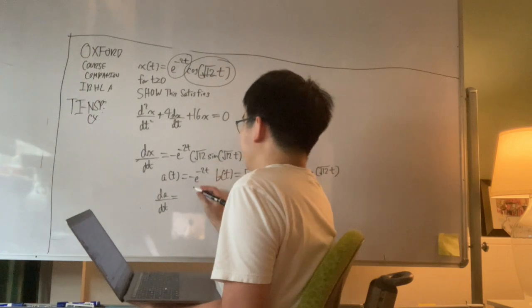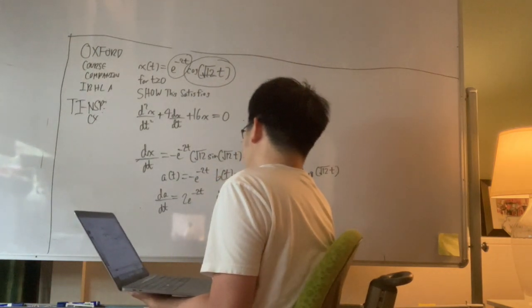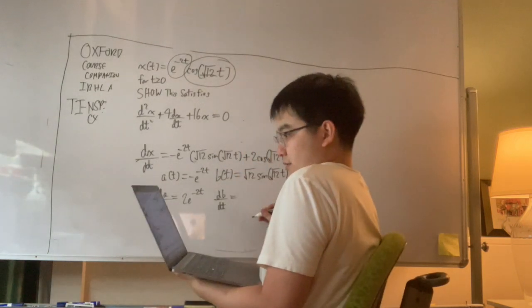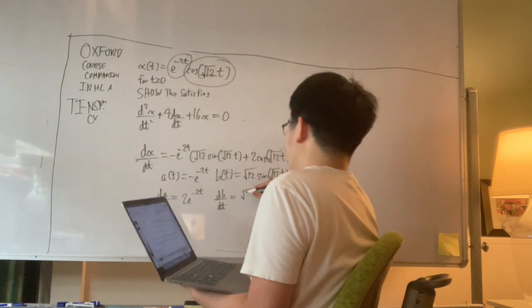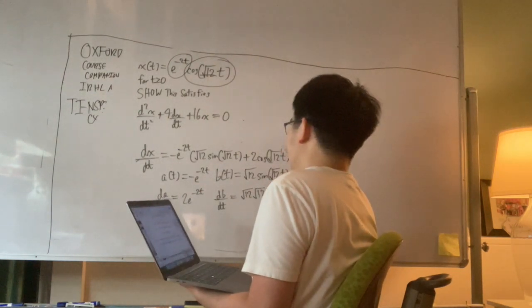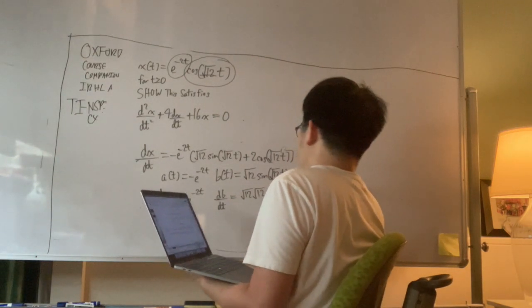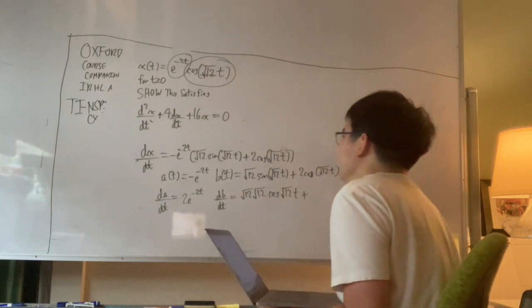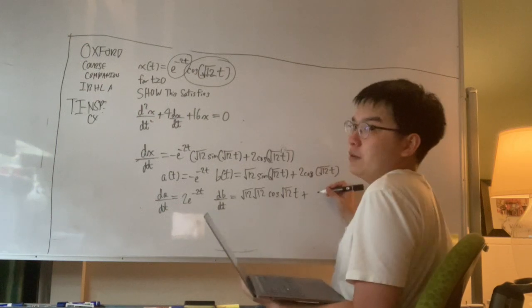So the negative 2, so that's 2e to the minus 2t. And then dv dt, that just happens to be square root of 12, square root of 12. That comes up from the chain rule, and then you get cosine of this, square root of 12t plus... well, actually it's easier by hand. This will look more intimidating when I was doing it on a computer.